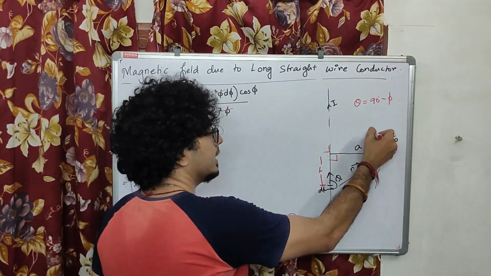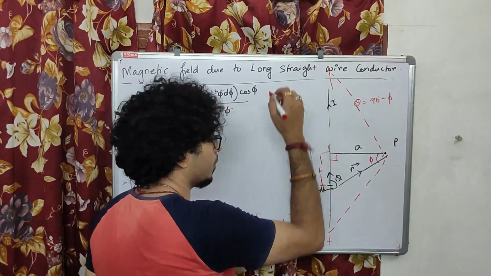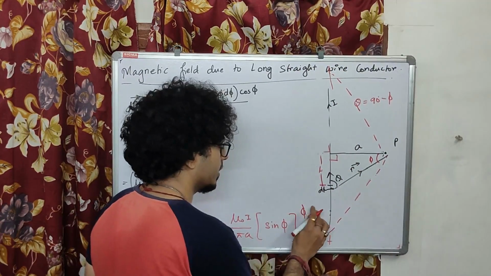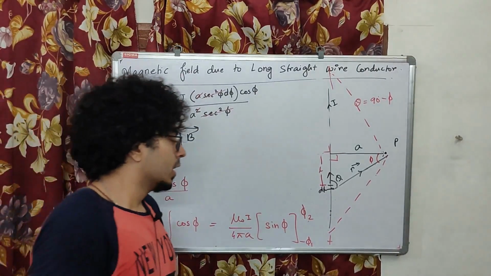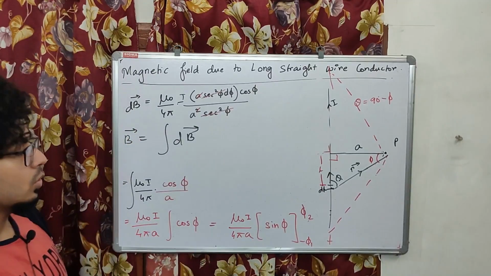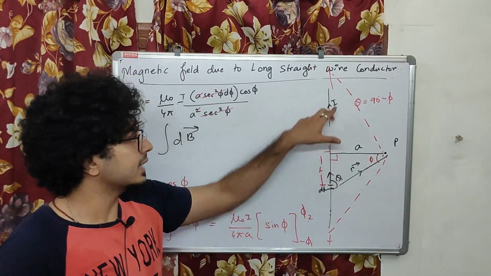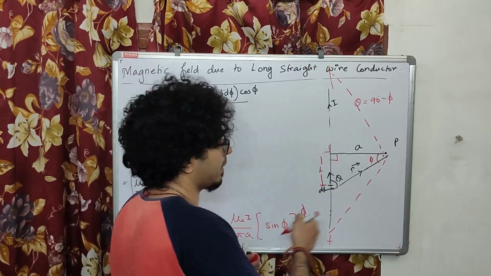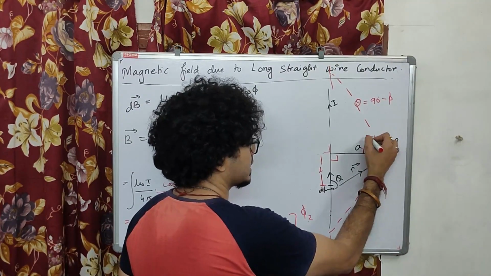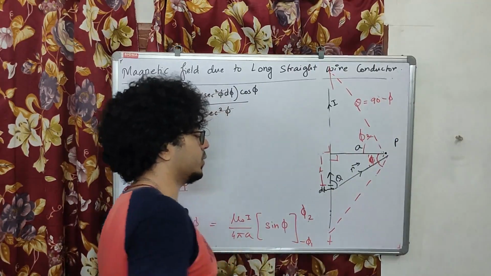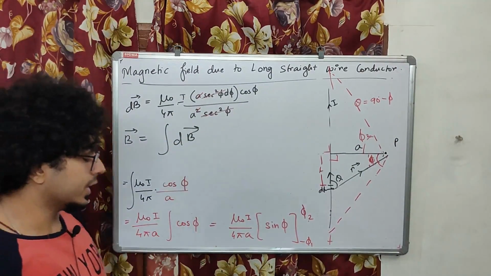And till I have to integrate above the point, that is plus phi 2. Got it? Is this part clear? Why this is minus phi 1 and why this is phi 2? Because the maximum phi can be over here is minus phi 1 and maximum over there it can be phi 2.